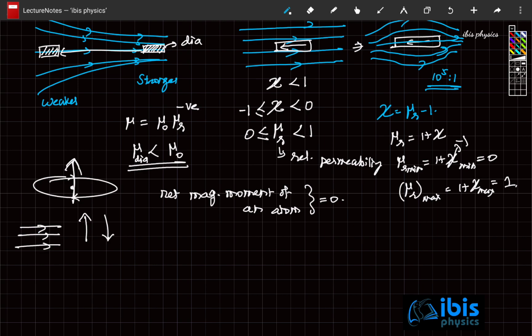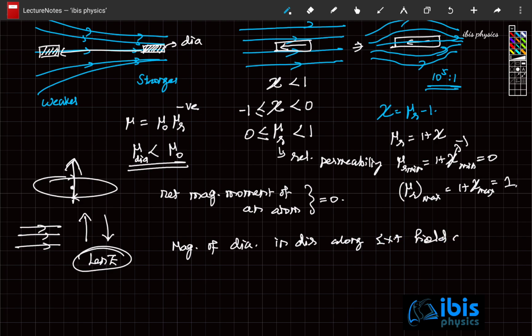When an external magnetic field is applied, the magnetism in the direction of the external field will be reduced, according to Lenz's law. So the magnetism of the diamagnet along the direction of the external field is diminishing, and the one opposite to the direction of the external field increases according to Lenz's law.